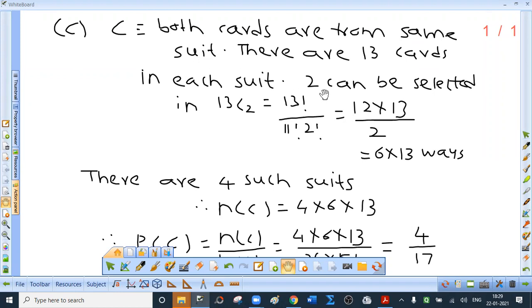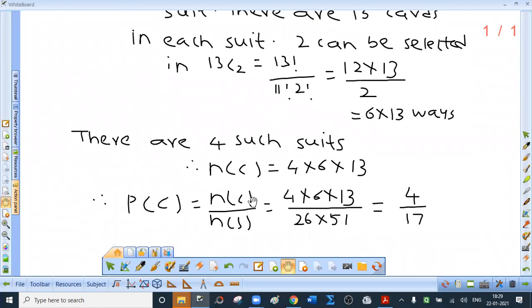Actually, I should have written that 2 cards can be selected out of 13 cards in a suit in 6 into 13 ways, right? Now these cards may belong to heart, club, spade, or diamond. So 4 into 6 into 13. So what is P of C? N of C by N of S, that is 4 into 6 into 13 by 26 into 51. So 4 by 17 is the answer.